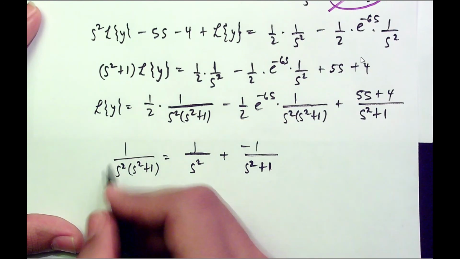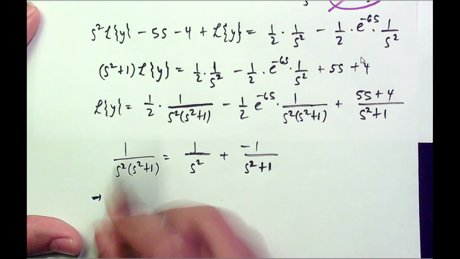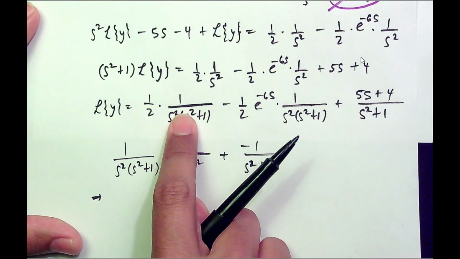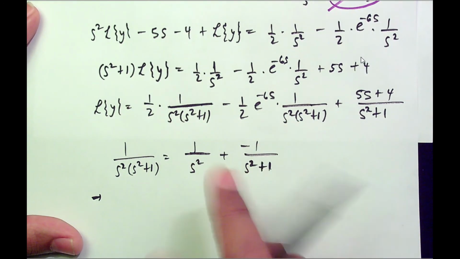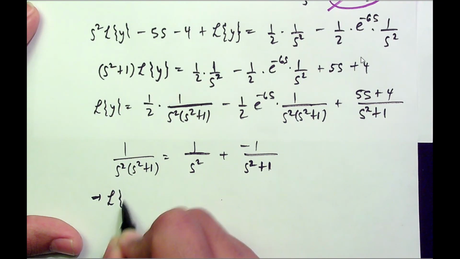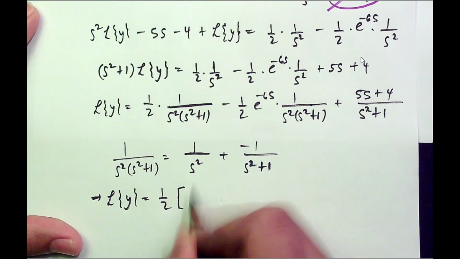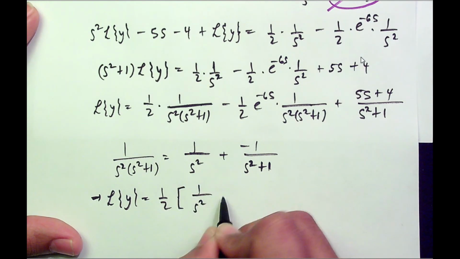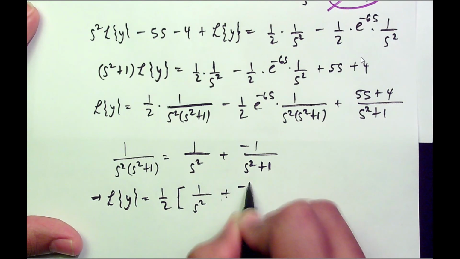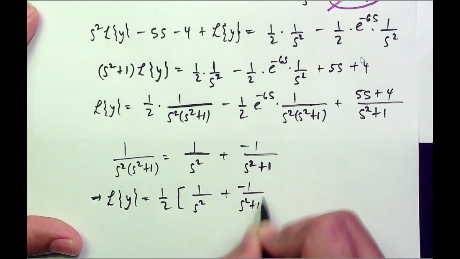Alright, so then using this back here, put it back there, what do you get? You get the Laplace transform of y equals 1 half times 1 over s squared plus negative 1 over s squared plus 1.